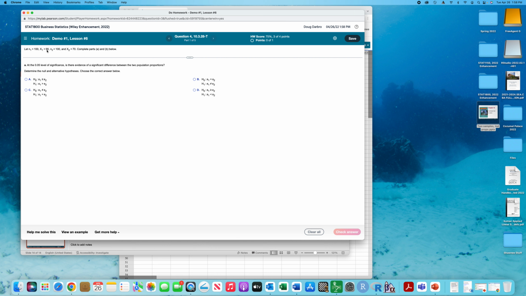So that tells me that 90 out of 100 for sample one had whatever we're testing, and 70 out of 100 for sample two. So we want to test that the proportions are equal because we're testing a significant difference, not pi 1's bigger than pi 2 or pi 2's bigger than pi 1. We're just testing a significant difference.